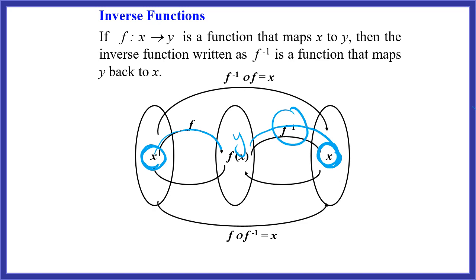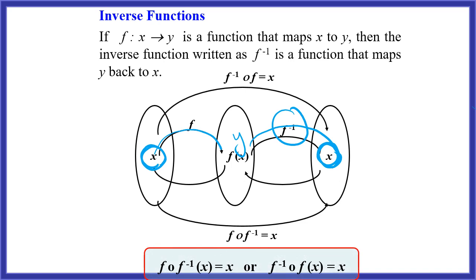This means that f of f inverse, the composite of f inverse, is equal to x. If f of f inverse of x is equal to x, or f inverse of f of x is equal to x, it means that we have the inverse.